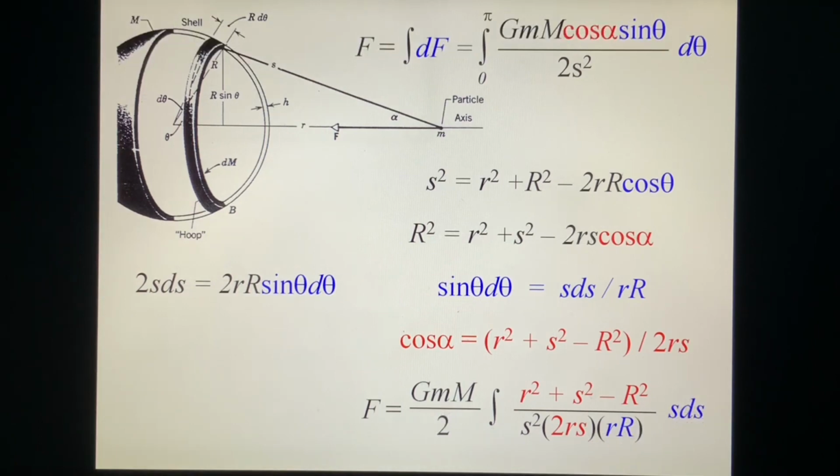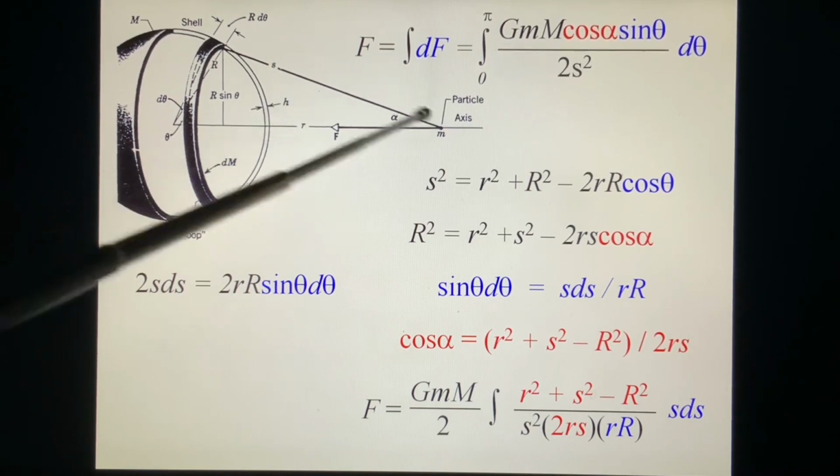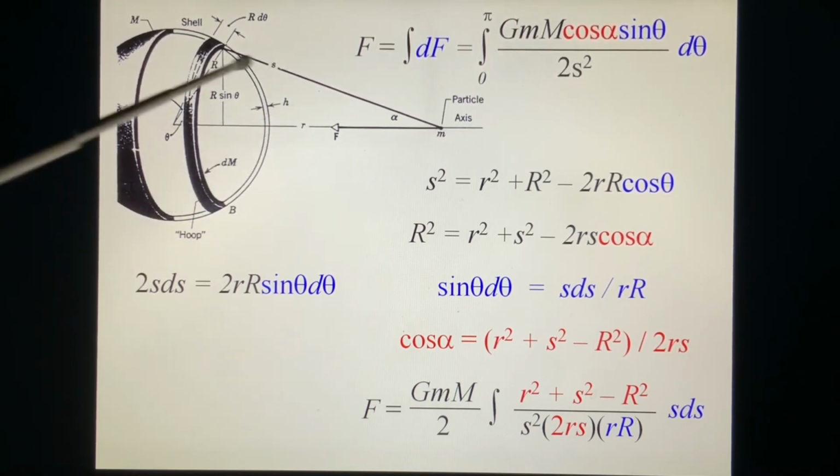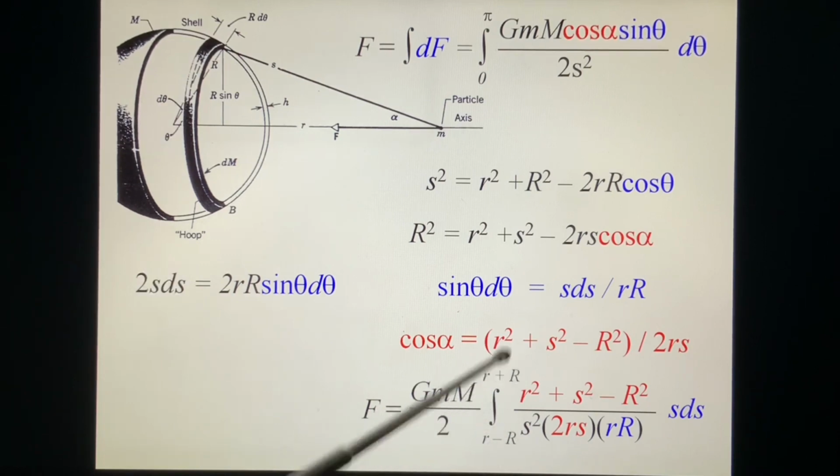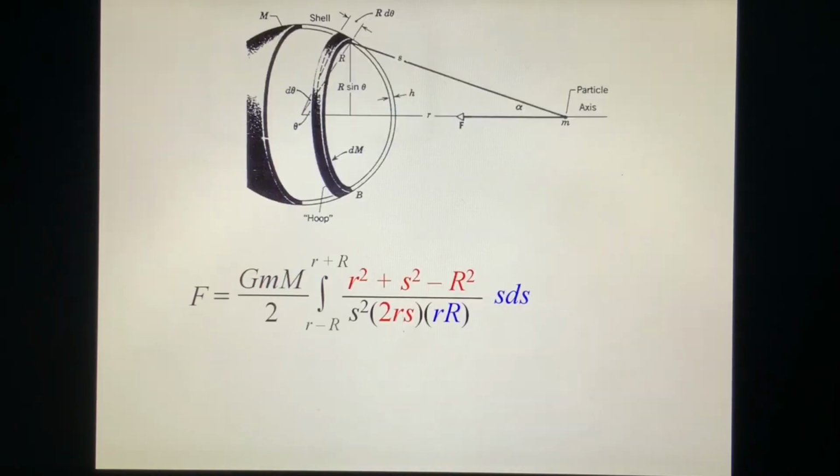That's it. Now we do the integration over s. When we take this ring from here to here, what happens to s? This s goes from small r minus big R up to small r plus big R. So the integration is from r minus R to r plus R. This integration is not too difficult.